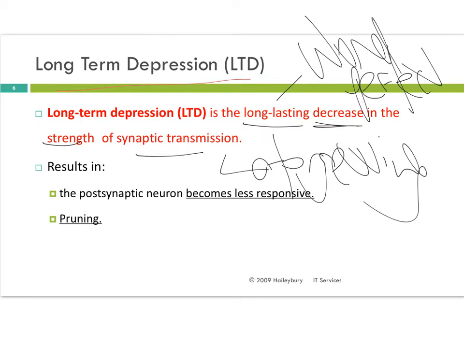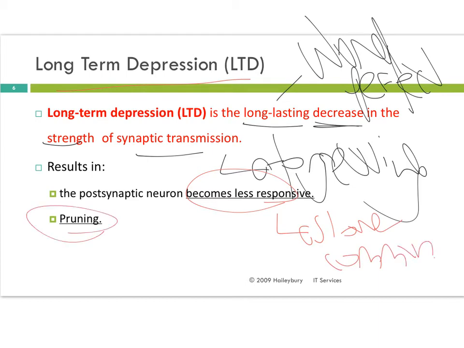Structurally, what this means is that the postsynaptic neuron becomes less responsive, which means that we have slower communication. It also leads to pruning, okay? So we're shearing away those dendritic spines and those synapses.